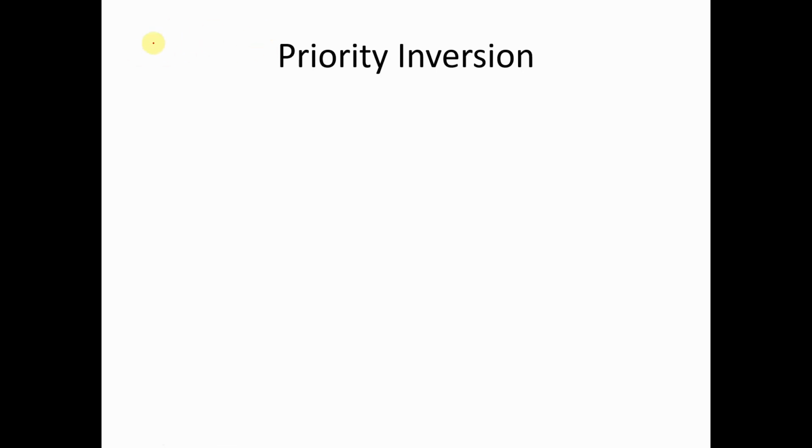Consider that there are three jobs J1, J2, J3, wherein J1 has the highest priority. Assume that J1 arrives at time 2, J2 arrives at time 4, and right now J3 is the only job which is available.